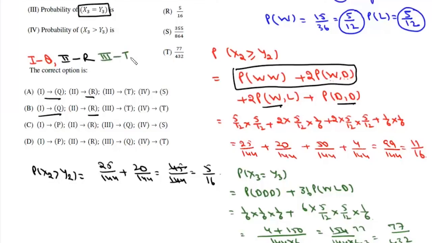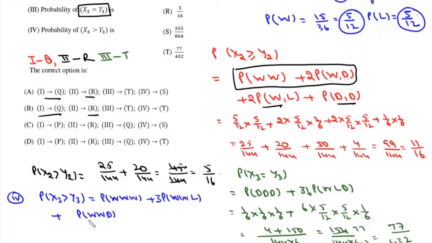And the fourth one is probability of X3 greater than Y3. Now it will be greater if it is all 3 wins, or 2 wins and 1 loss, and they can be arranged in factorial 3 divided by factorial 2, 3 ways, or 2 wins and a draw.